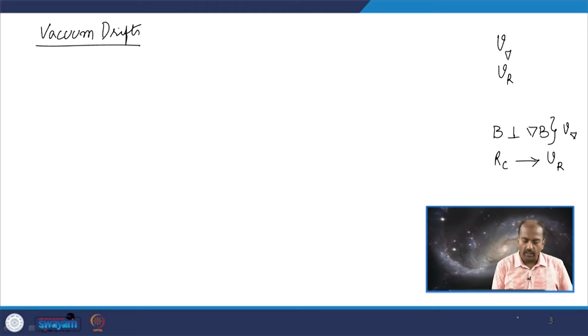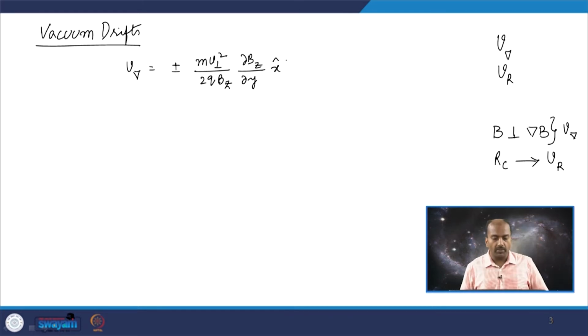We have seen that V del is equal to plus minus m V perpendicular square divided by 2q Bz, times dou Bz by dou y, along x cap. This is the expression that we have derived.